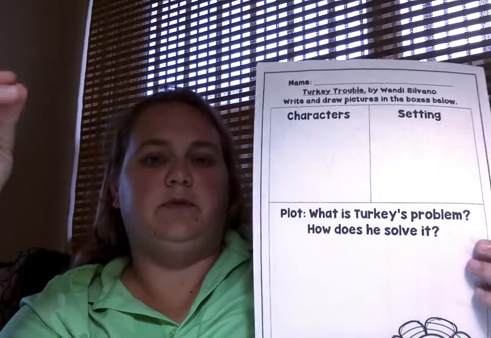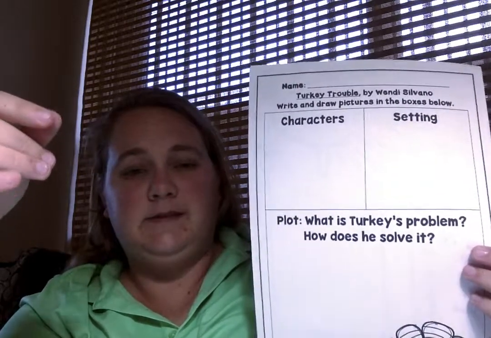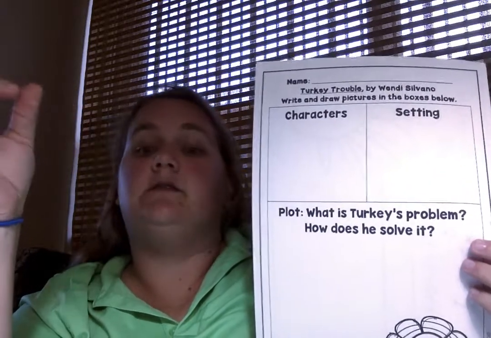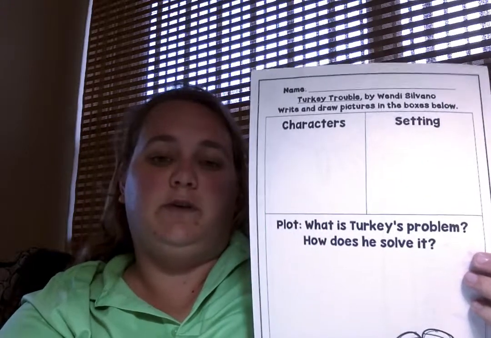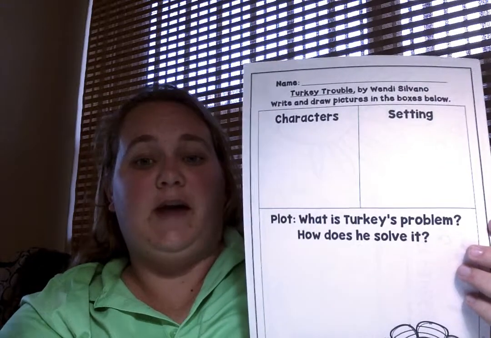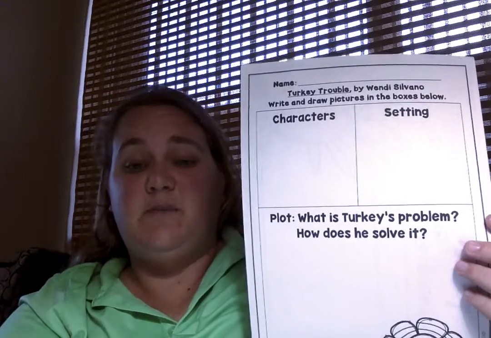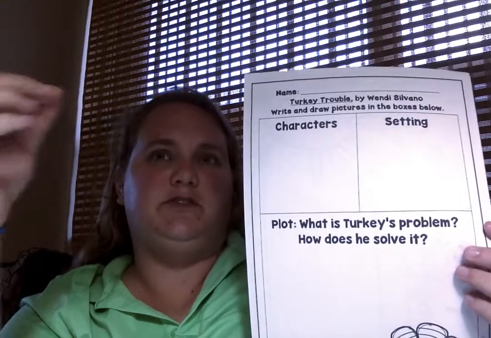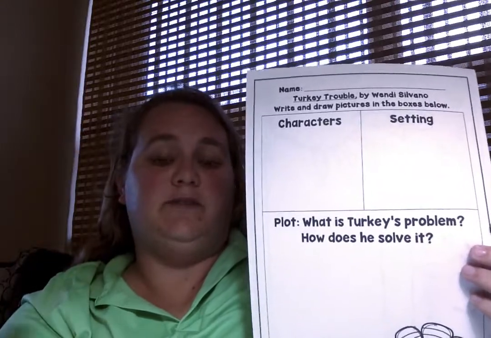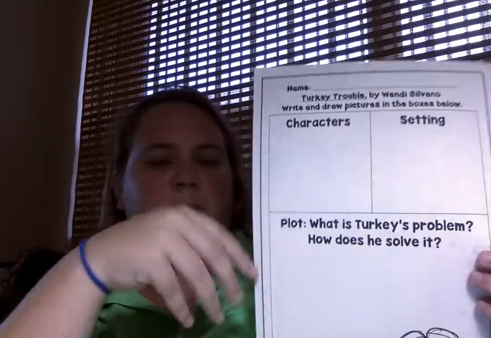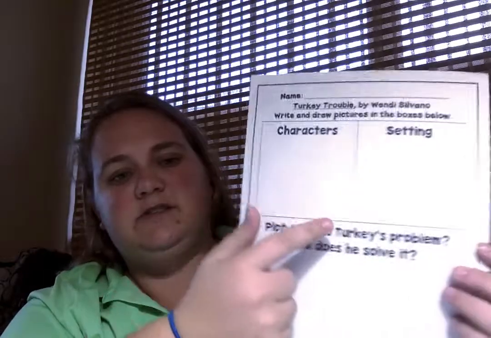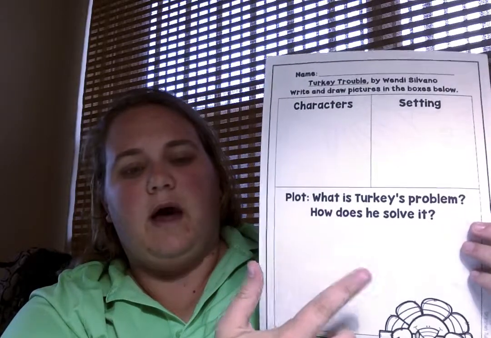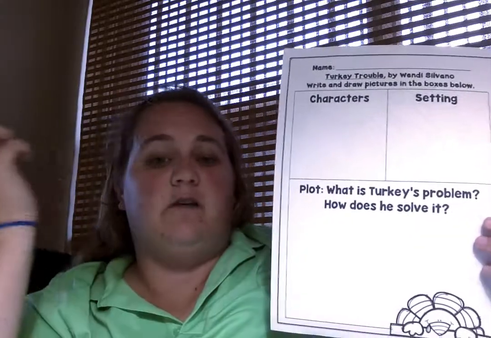Visuals help low-level readers a lot when they do not know a word that they might know as a character or something like the turkey. They might not know what the turkey is, but they know that the drawing of a turkey is the character. So they would draw a character, setting, and then plot and how it was solved.